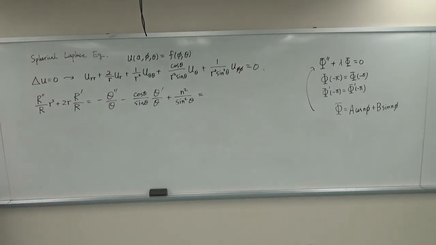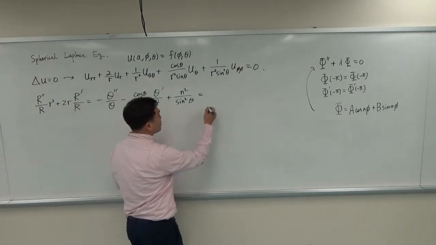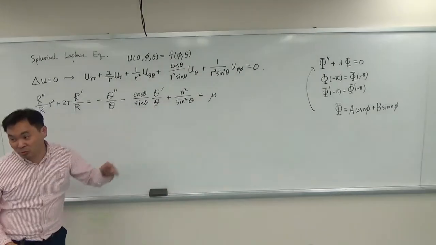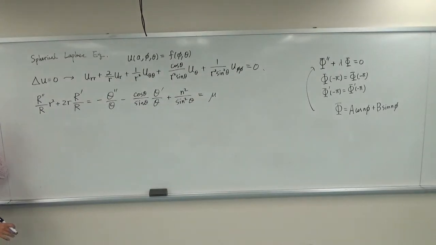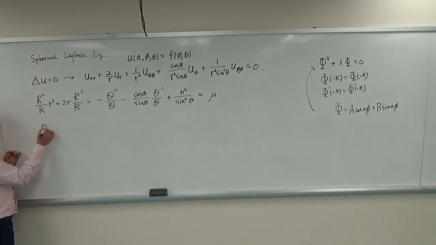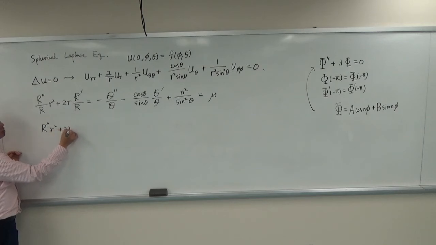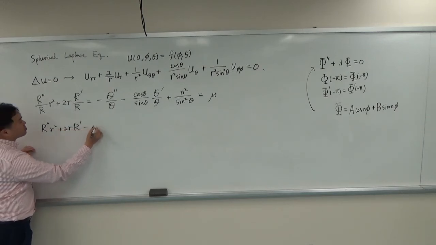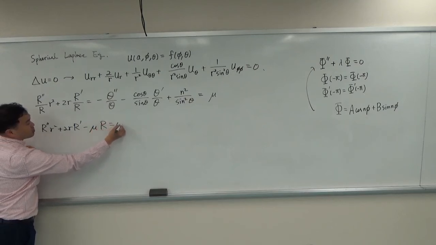Now we can just set this equal to mu this time. But don't write this because I have to write something else. Now, if that's equal to mu, here's what we get. We get r double prime times r squared plus 2r r prime, and then minus mu times r equal to 0.